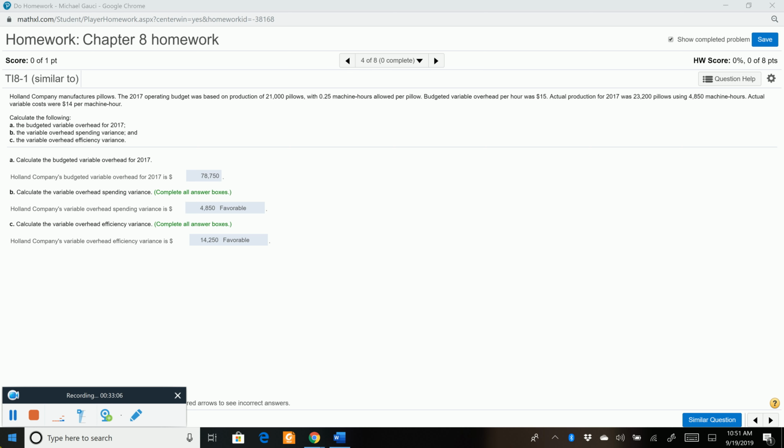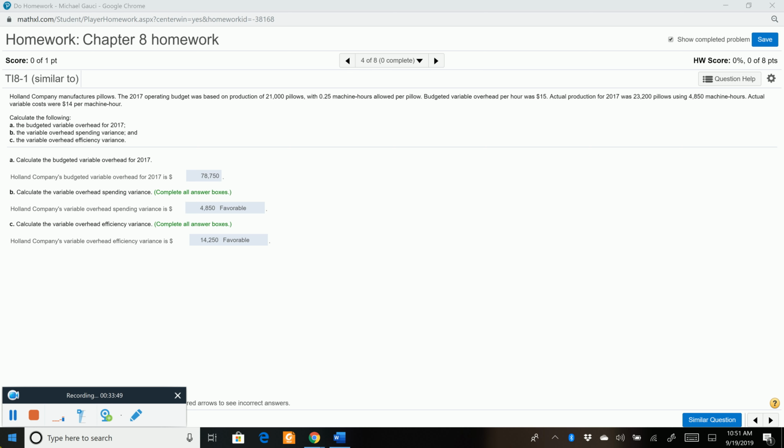And each pillow is allowed 0.25 machine hours. So if I take the 23,200 pillows times 0.25 machine hours times the standard rate of 15, you get a total of $87,000. $87,000 is the amount of variable overhead that is allowable for this level of activity. But when we used our actual hours, we calculated the 72,750. So this is an overall favorable variance of 14,250.